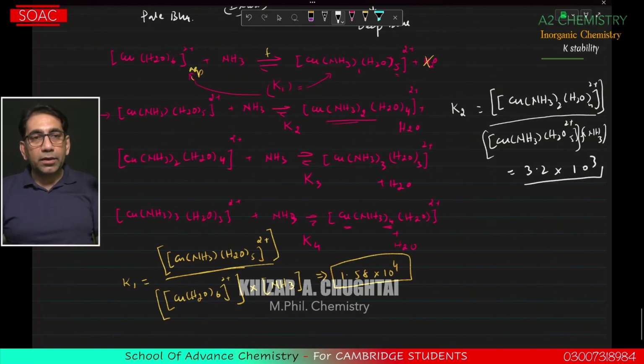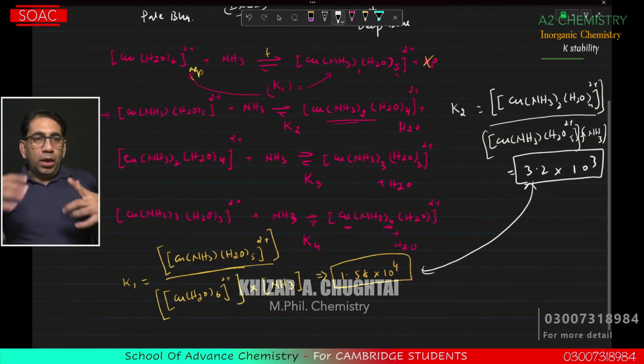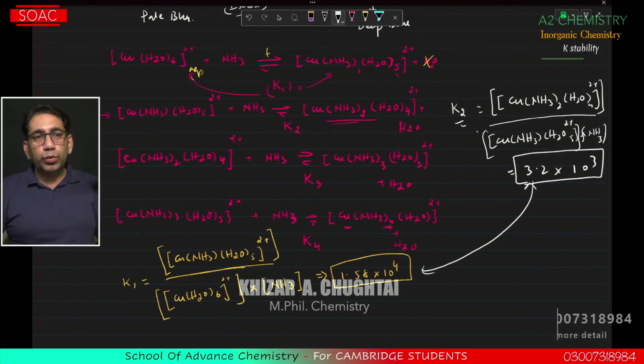So you can compare these two answers. It means that the second constant K2 is smaller than that of the first one. It means this complex is less stable.